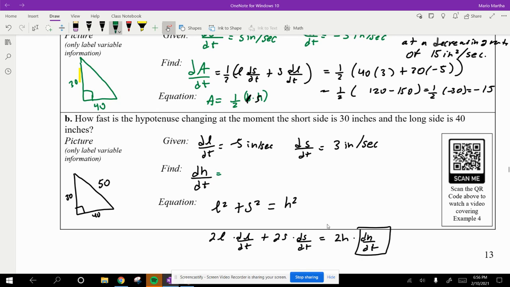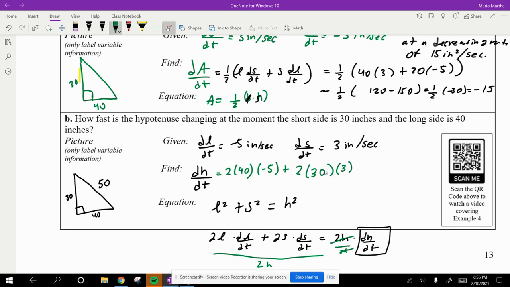So dh over dt: if I solve for that, I'm just going to divide everything by 2H, right? And then here it's going to be 2L, so that's 2 times the long side, which is 40, and then dl over dt, which is negative 5. And then plus 2 times the short side, which in this case is 30, and then times the rate of change for that, which is 3.